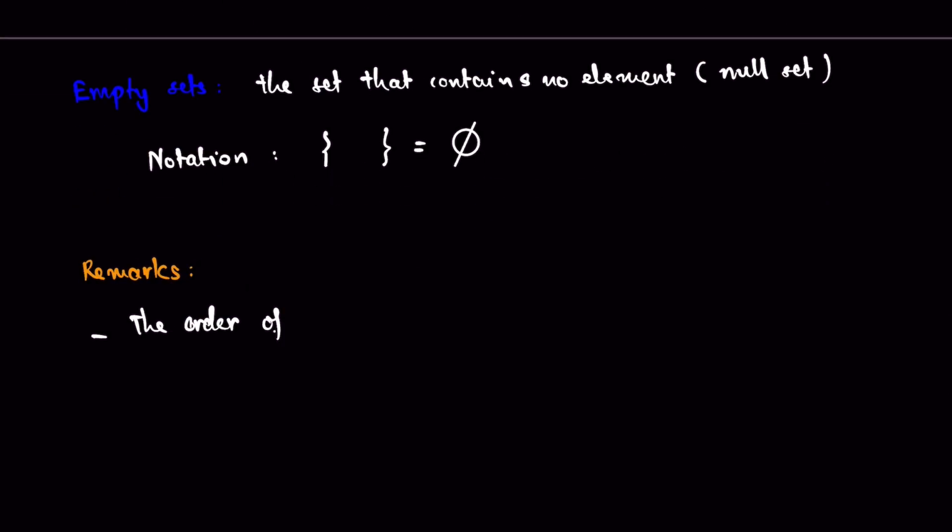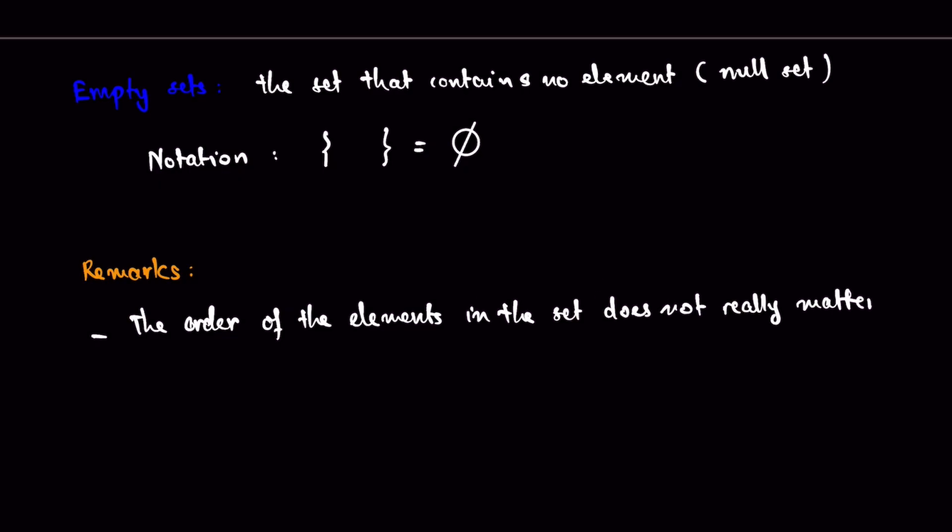So the first remark is that the order of the elements in the set does not really matter. You have seen a few examples where we write down the elements inside the set in a certain order. That's because by convention, when you work with number lines, everything goes from negative infinity to positive infinity in that particular order. But in discrete mathematics, when you put things into a set, it doesn't have to follow any particular order.